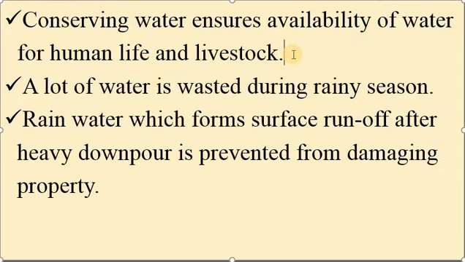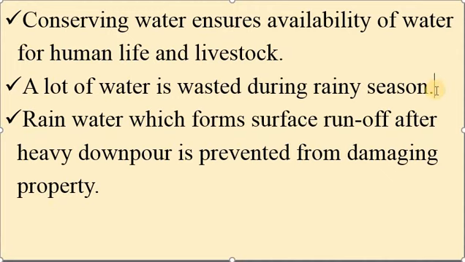Point number 3, conserving water ensures availability of water for human life and livestock, which is very true. When we conserve water, we don't allow water to be lost. That means it will be available for human beings and livestock for normal use.